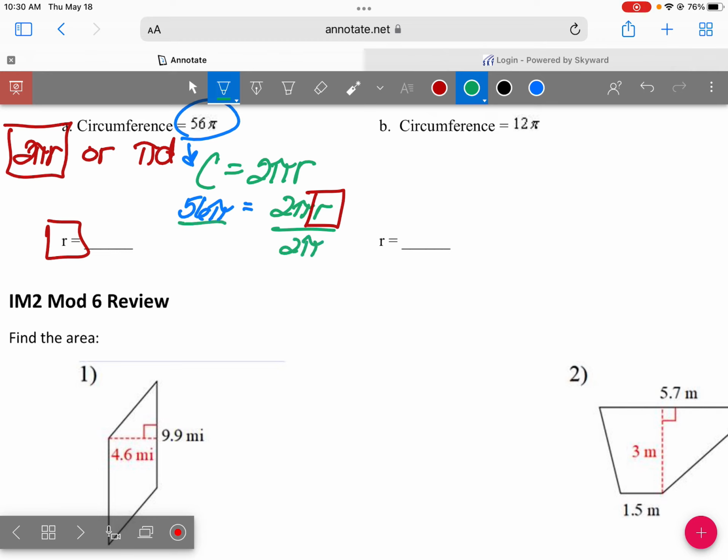Pi divided by pi simplifies out. 56 divided by 2 is 28. So the radius is 28 units. Just units. It's just a length.